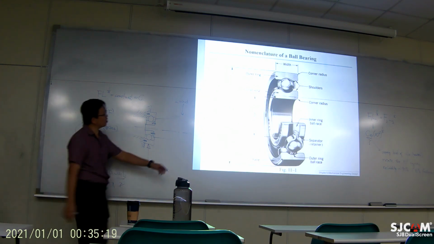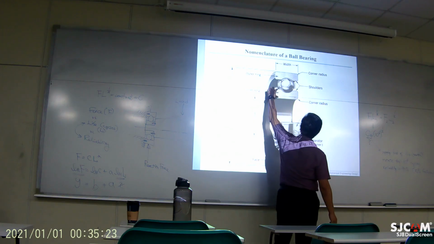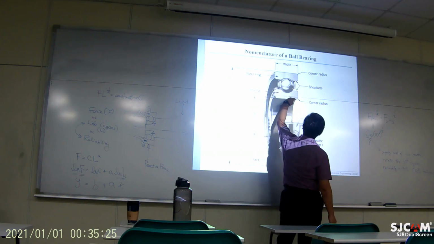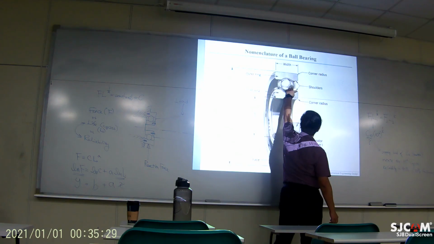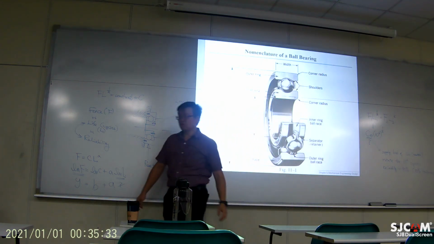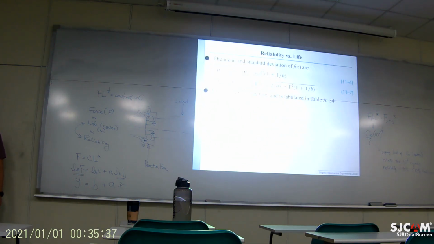Shoulder diameter is right here. So you have the inner diameter, outer diameter, and if you need to know this geometry, it tells you what the shoulder is. Okay, so get back to the table.